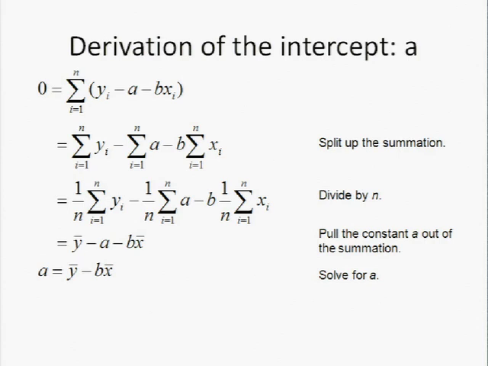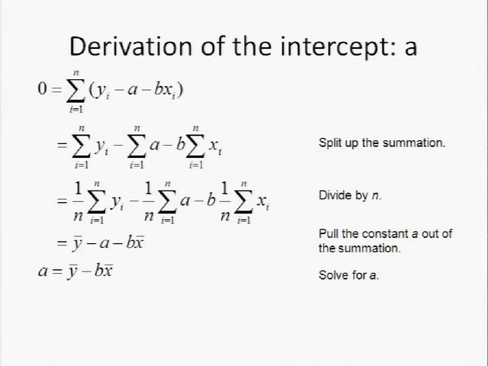So if I write down the sum of 10 from i equals 1 to 3, that means 10 plus 10 plus 10, which is 3 times 10. So for that middle term, the sum of a is just n times a, and n times a divided by n gives me a. So now I have y bar minus a minus b x bar, and now I solve for a, and I get this.